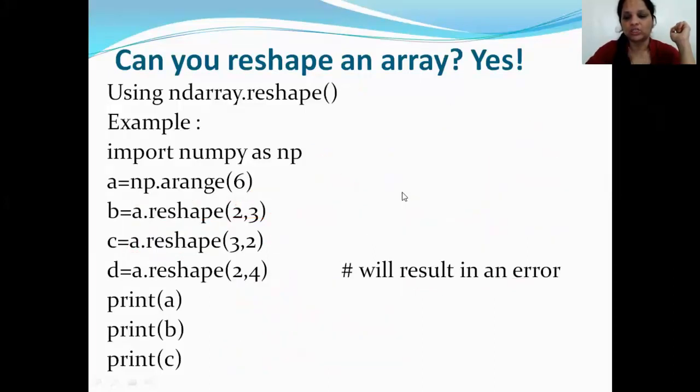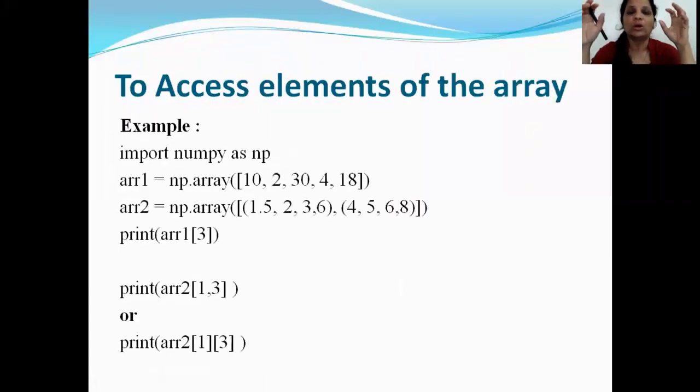Let's go to the next topic that's talking about indexing. How is the indexing done in a 2D array or a 1D array, and how do you access elements of that array? So here I am creating array 1, ARR1, using the array function.